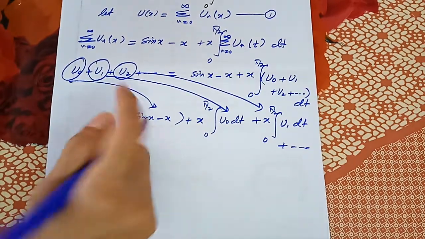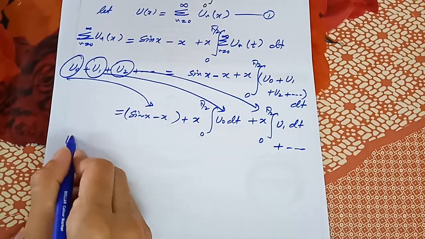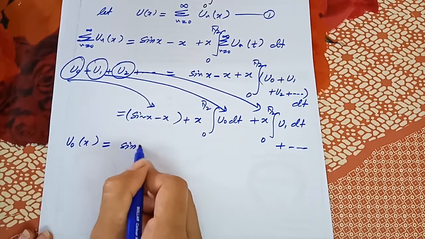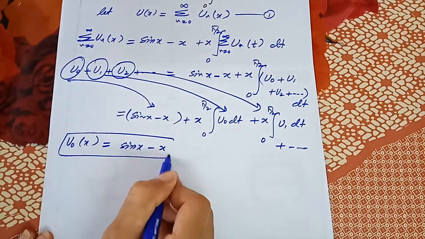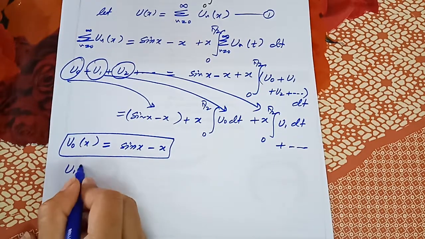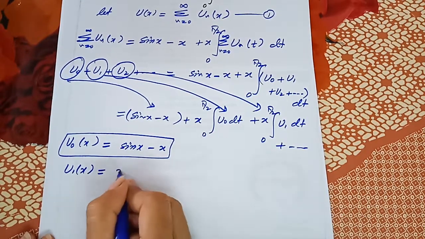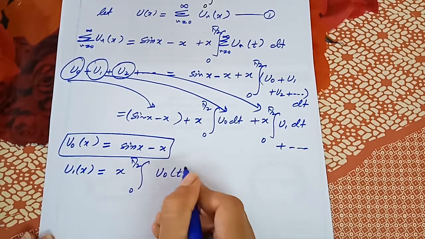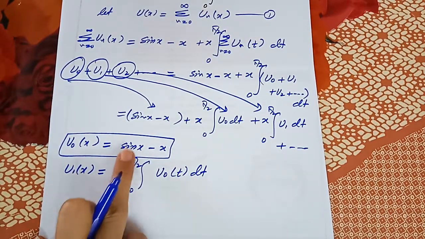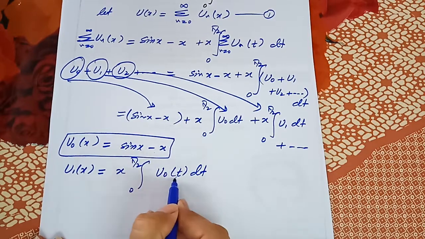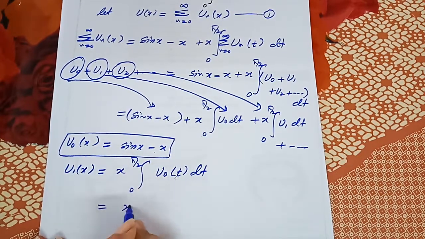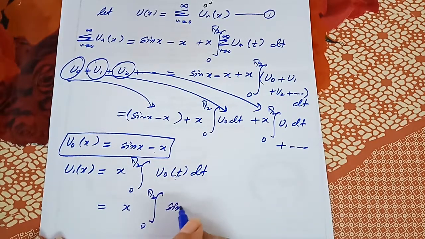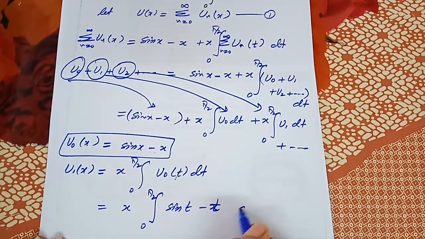So comparing both sides, we get u0 of x equals sine of x minus x. Now let's take u1 of x equals x integration from 0 to pi by 2 u0 of t dt. Now this is your u0 of x, so replace it here for t. That's integration from 0 to pi by 2 of sine of t minus t dt.